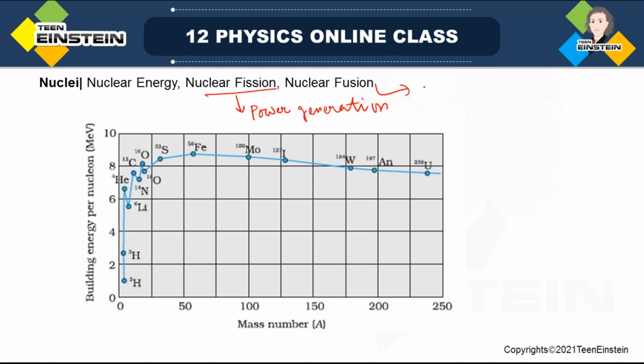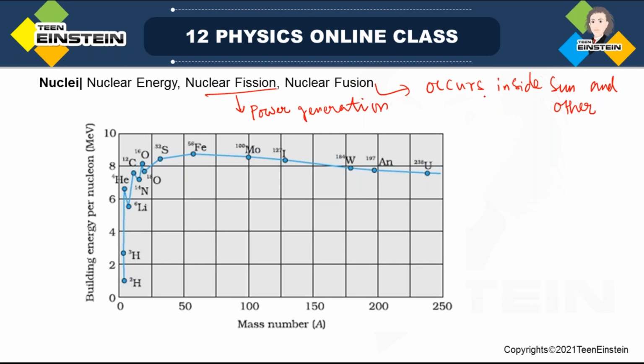Nuclear fusion is also a very important nuclear reaction, which occurs inside the sun and other stars. That's why the whole creation is still alive.